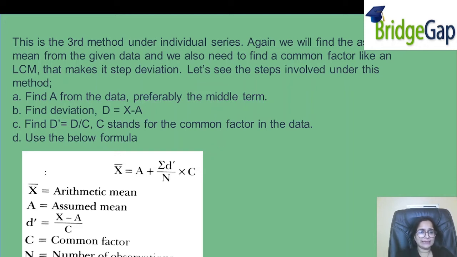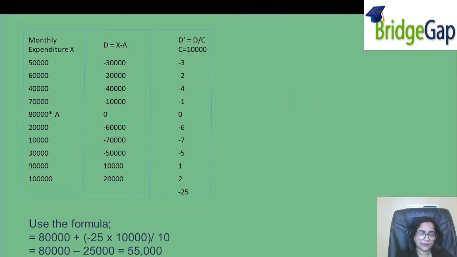In this method, d dash represents x minus a, upon c. We have to take a common factor. When there is a common factor in the whole series, we take that common factor and divide by it in order to find d dash in this formula. Now let us have a look at the example for the same.